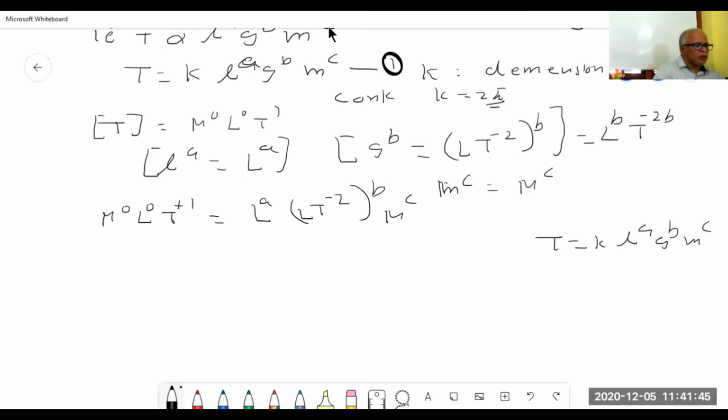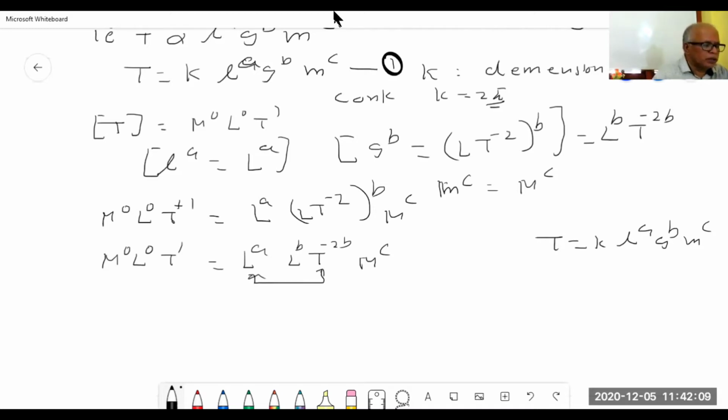Now simplified: m raised to 0, L raised to 0, T raised to 1, equals L raised to A, L raised to B, L raised to minus 2B, T raised to minus 2B, m raised to C. Now you see this, put it here.